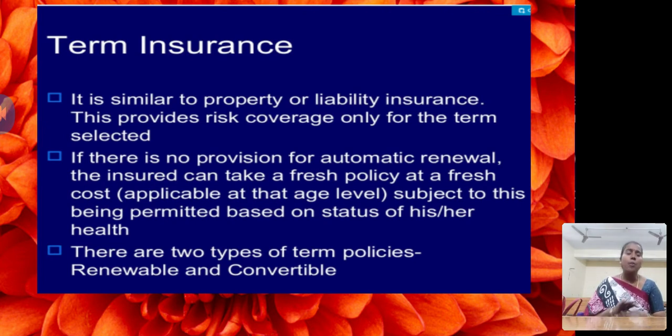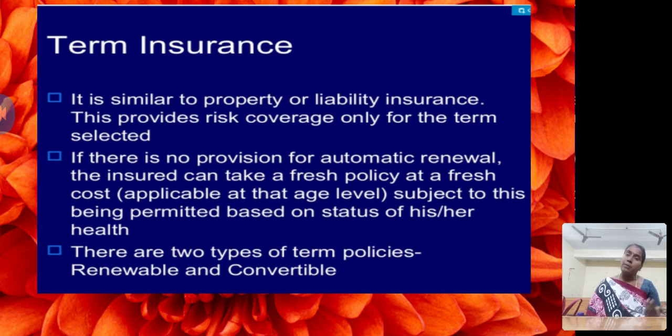If there is no provision for automatic renewal, the insured can take a fresh policy at fresh cost. So what is happening? Once you take the term insurance, that is applicable for 1 year. Next again the term insurance for second year, third year and fourth year. Clear? There are two types of term policies, renewable and convertible. What is renewable? This year you paid.